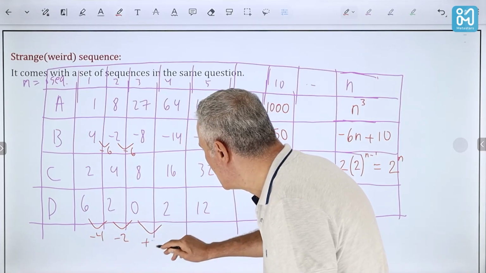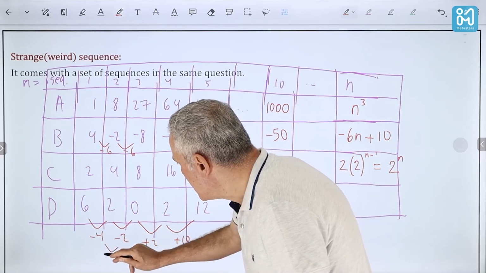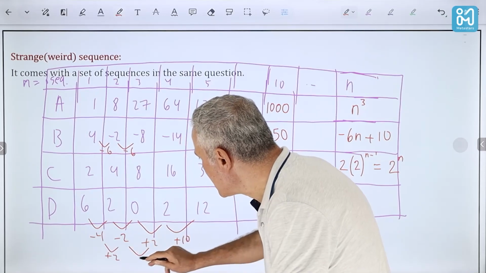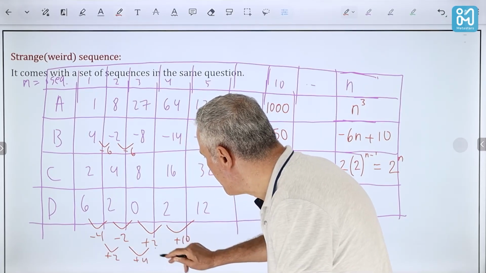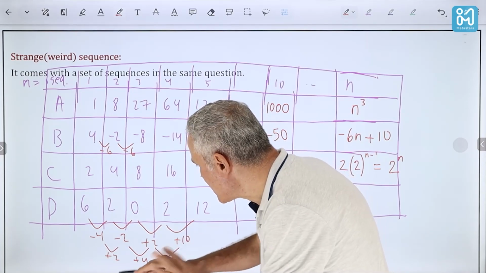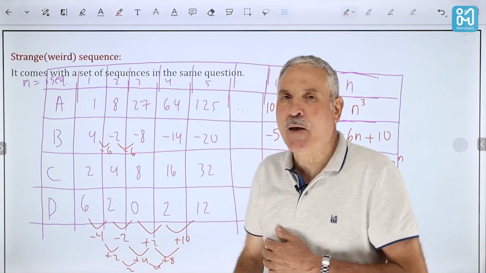This is plus 2. And this is plus 10. Differences here. Negative 2 to positive 2, you added 4. From 2 to 10, you added 8. So it's not a quadratic. 2, 4, it's not a cubic.